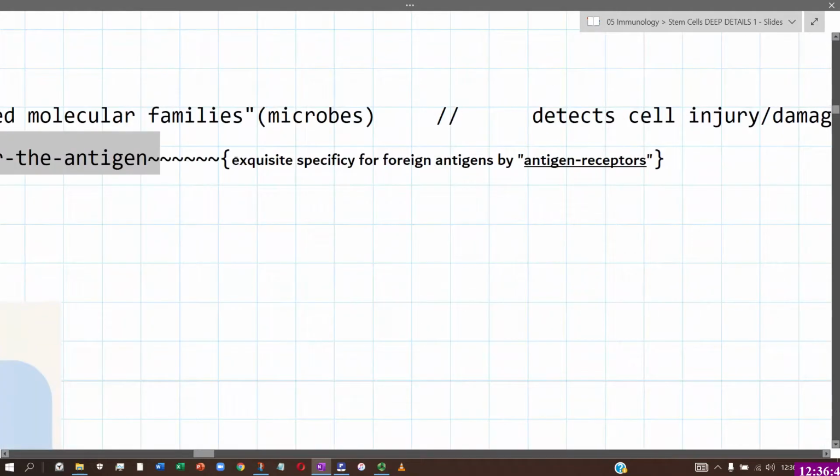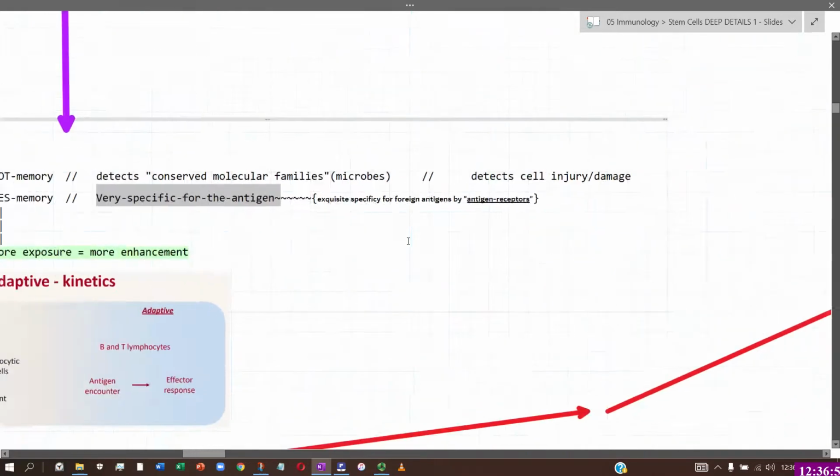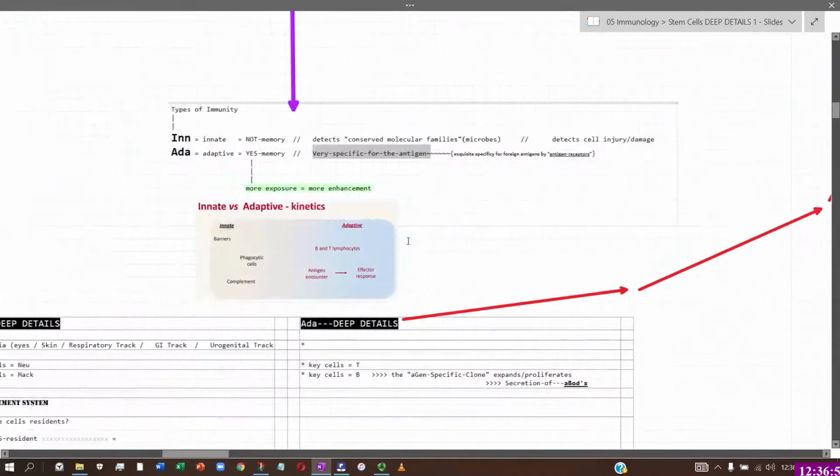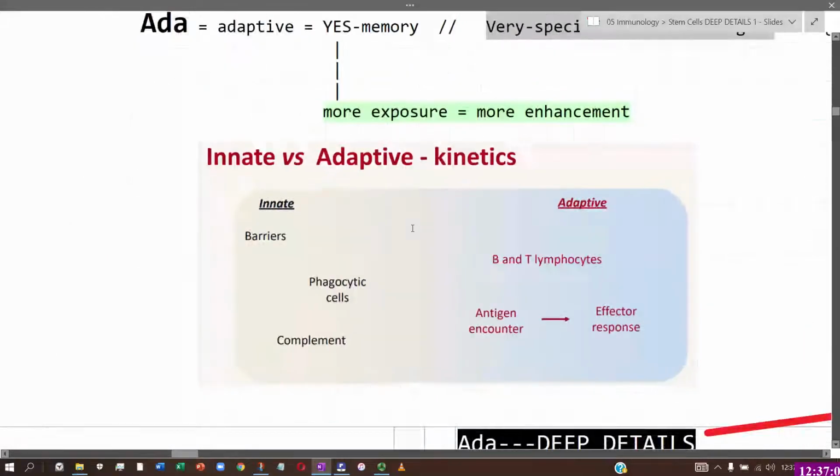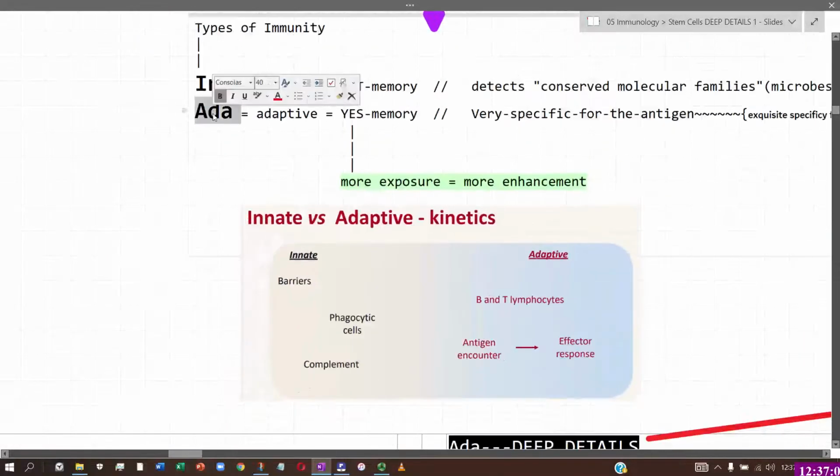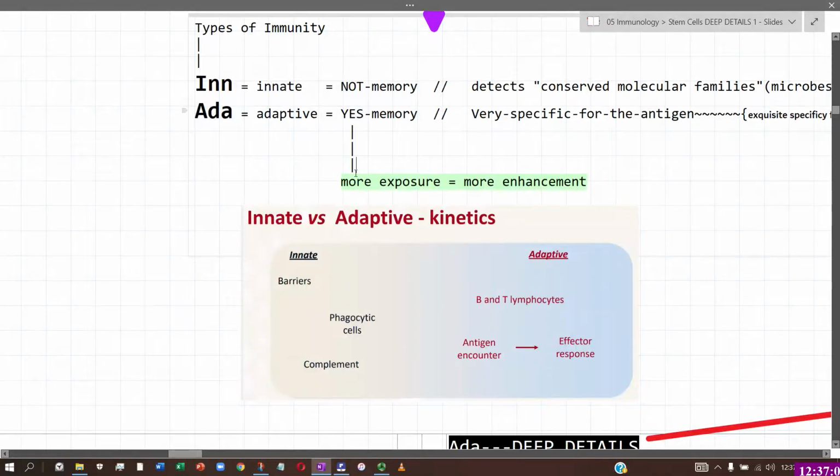This is language used in the PDF notes: there exists exquisite specificity for foreign antigens by the antigen receptors. Cool, so here you have this summary. Furthermore, with adaptive immunity, more exposure means more enhancement.